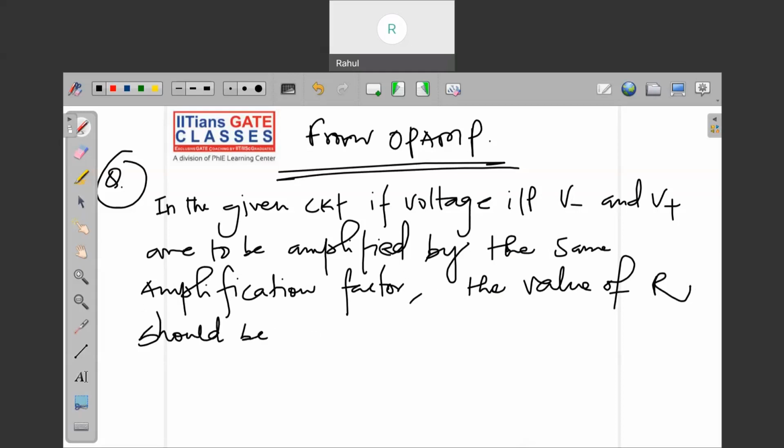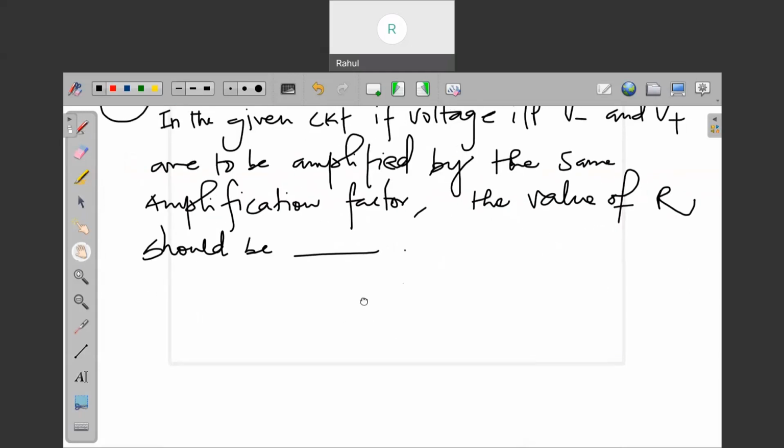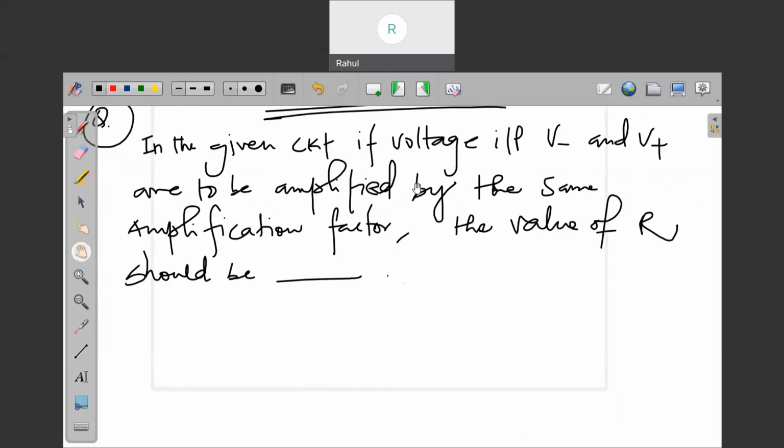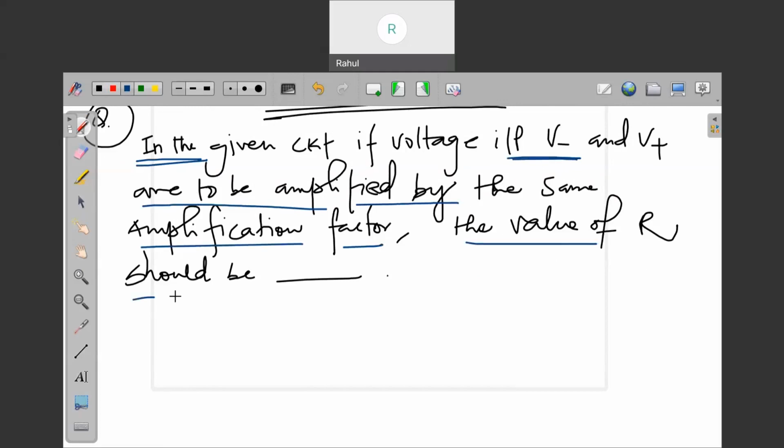This is the question, and the circuit we need to draw now. You have to read the question very carefully, and you can answer this question if you have attended my class. In the given circuit, if the voltage inputs at the inverting and non-inverting terminals are to be amplified by the same amplification factor, you have to find the value of R.